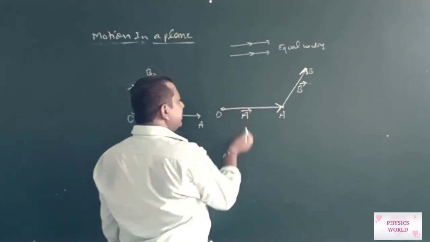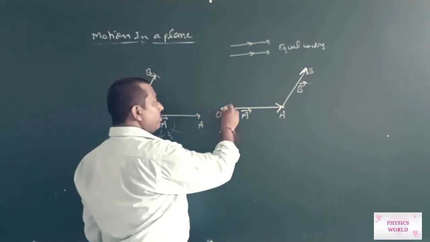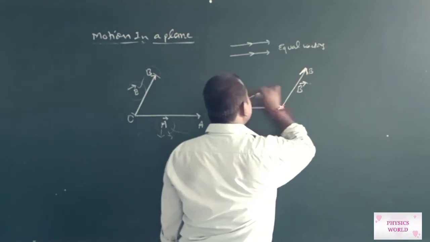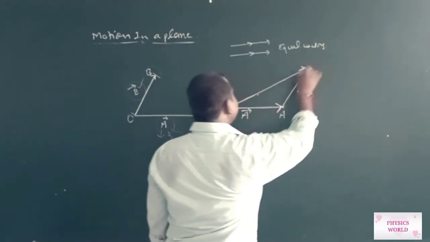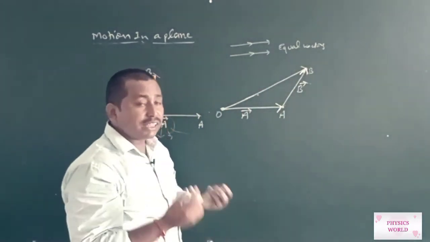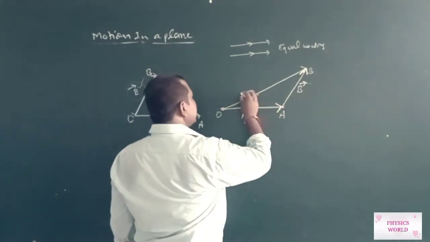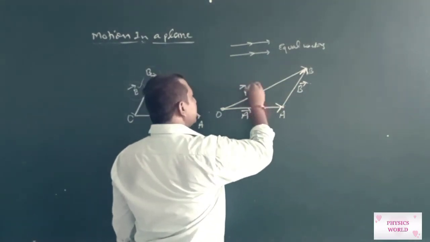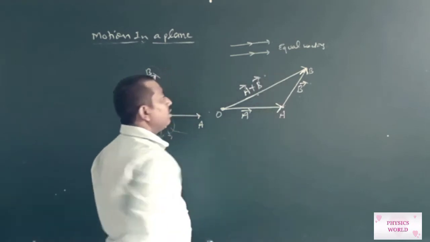If we draw a line starting from the tail of the first vector to the head of the second vector, then this line indicates the vector sum of these two vectors, that is vector A plus vector B.